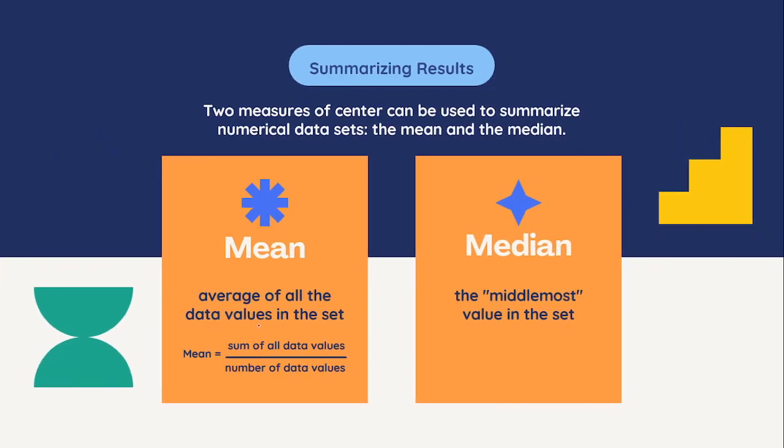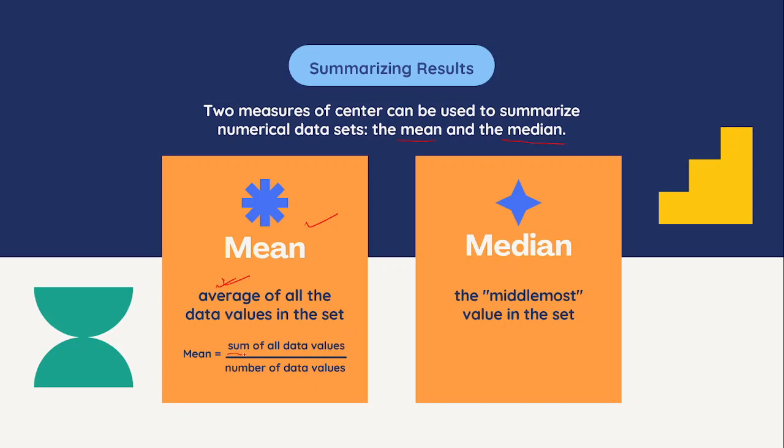Here, measures of central tendency can be used to summarize numerical data sets, the mean and the median. So first is mean. Mean means what? Average of all the data values in the set.